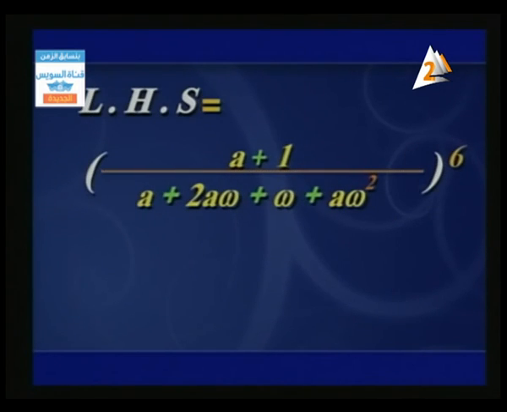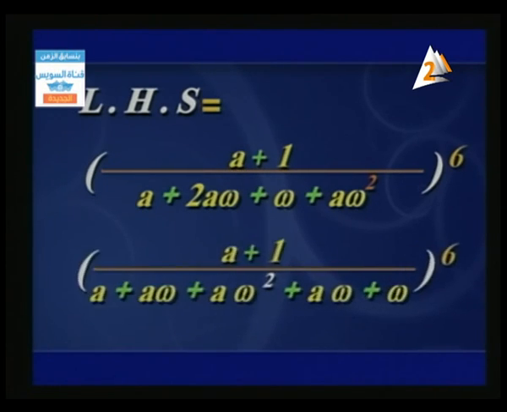Left hand side equals ((a + 1)/(a + 2aω + aω²))^6, equals ((a + 1)/(a + aω + aω² + aω + ω))^6.